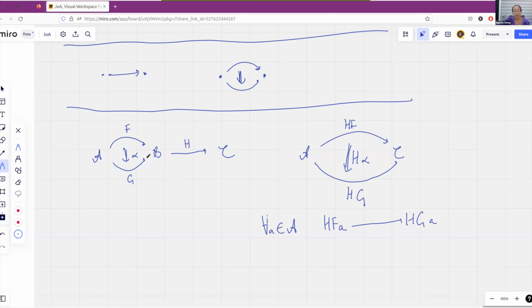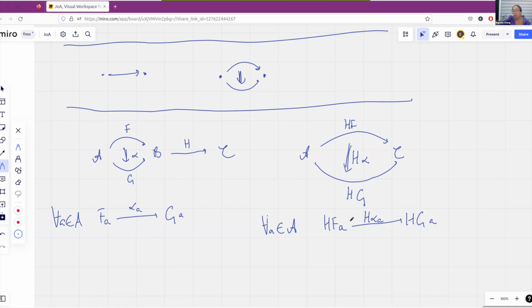Well, over here, for every A in A, we have a component alpha A that goes from F of A to G of A. If we apply the functor H to this whole thing, we get H alpha of A.